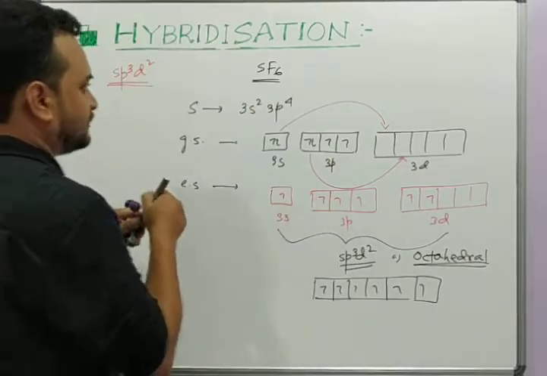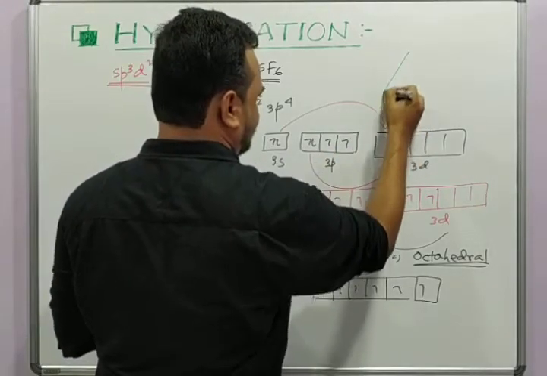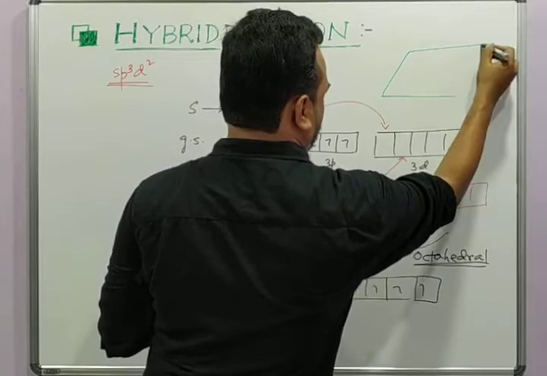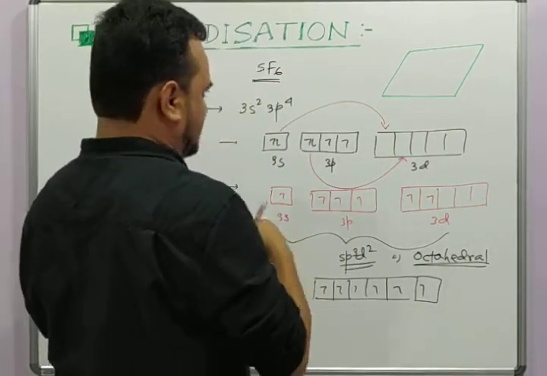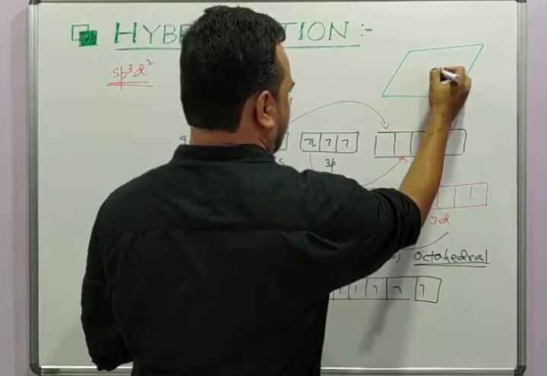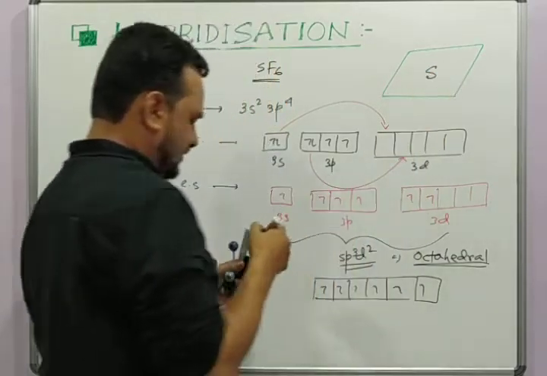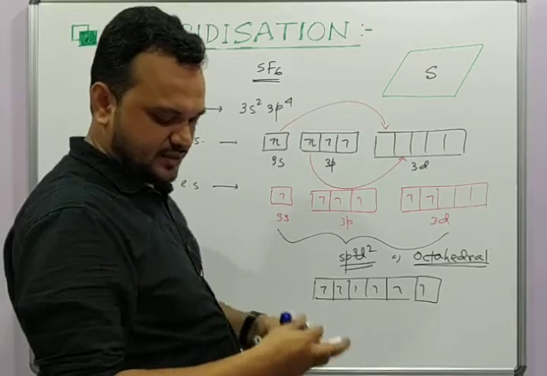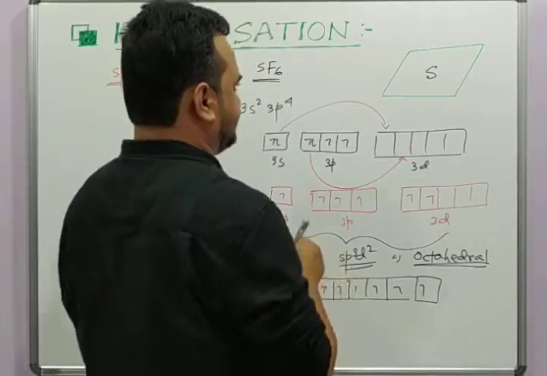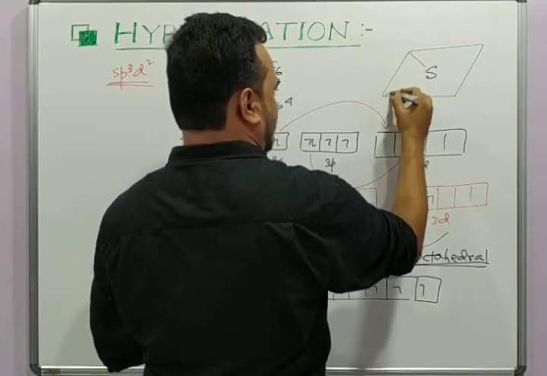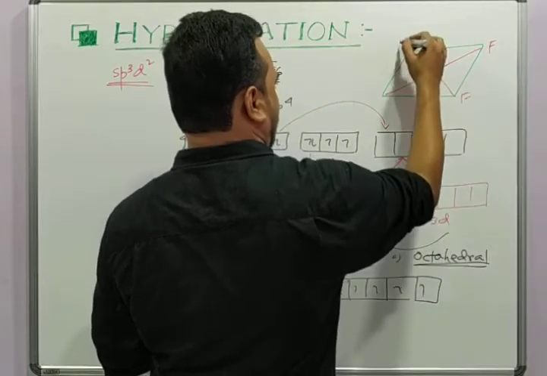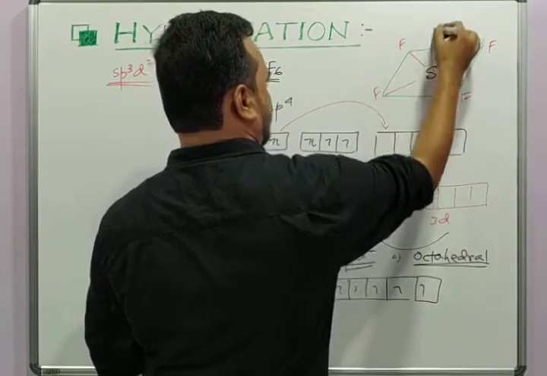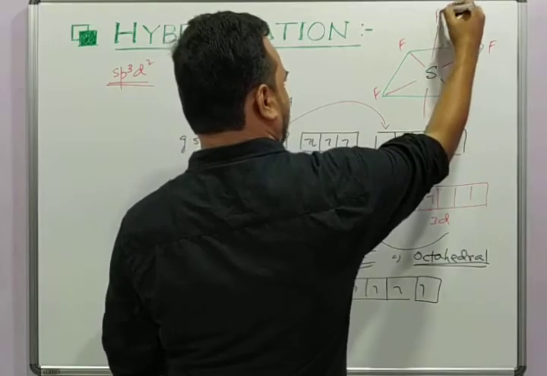First I will draw the square plane. This is the square plane. In the middle there is the sulfur, and then we have 6 fluorines like this. At the 4 vertices of the square plane there are 4 fluorines, and then there are 2 perpendicular fluorines like this.